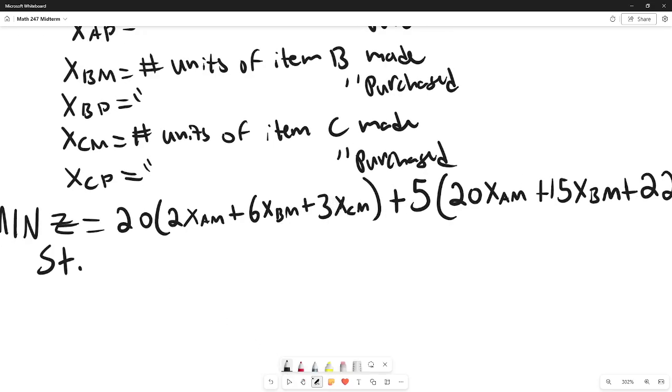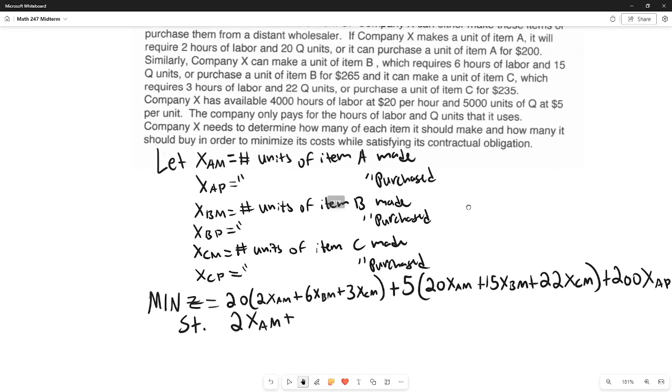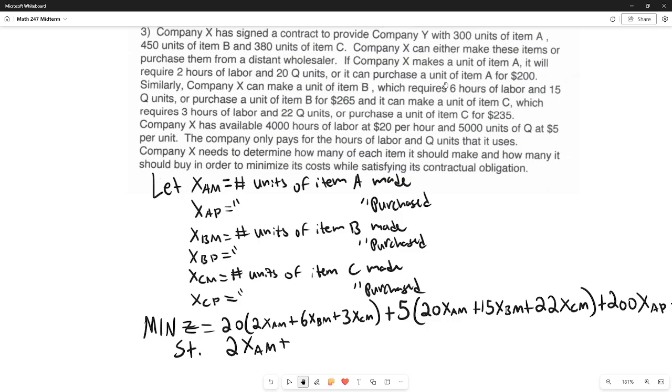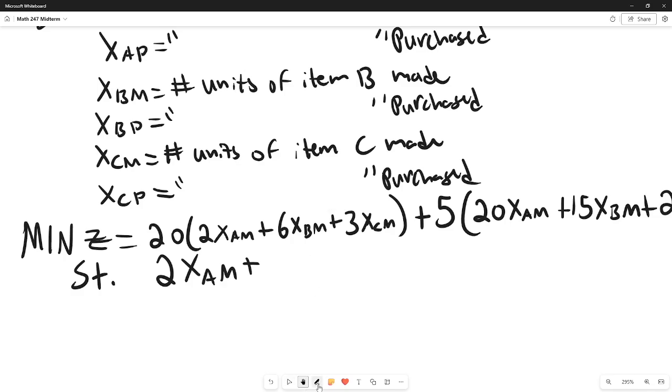So we could say 2XAM plus, for item B, we incur 6 hours of labor. Actually, wait, we wrote it up here. What am I doing? 6XBM. And for item C, we incur 3 hours of labor. Right, so plus 3XCM.